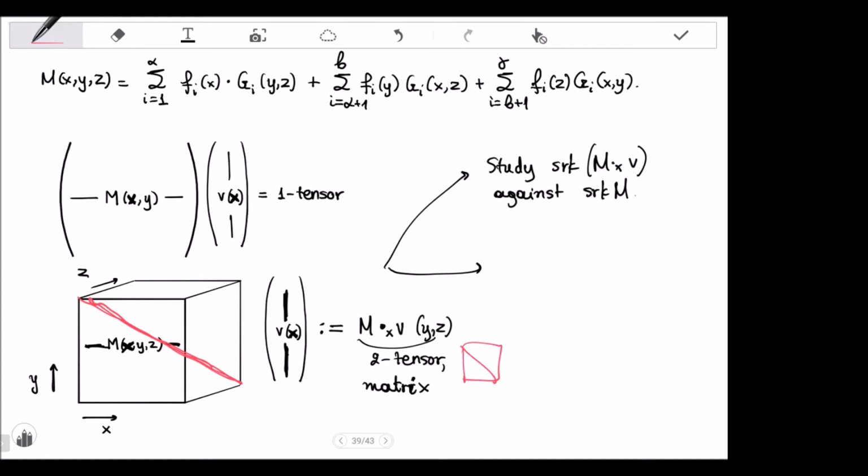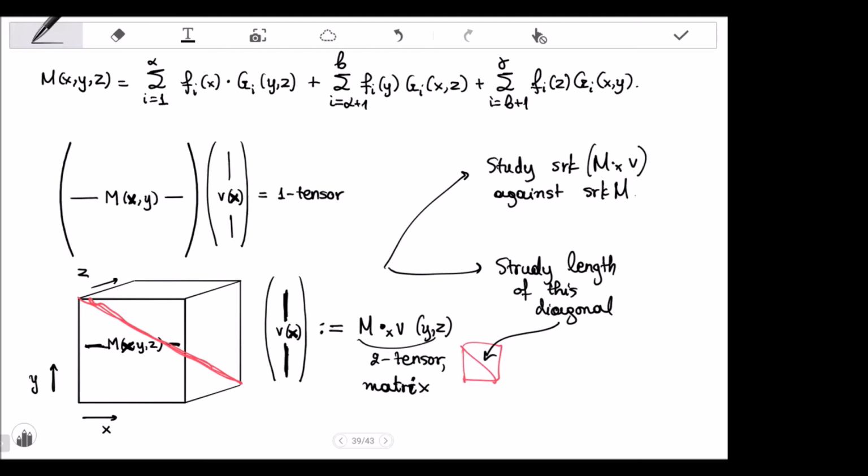And that's the other way to study the rank. So study the length of this diagonal. Some entries may be 0 in this case. So we need to understand literally the length of the diagonal.